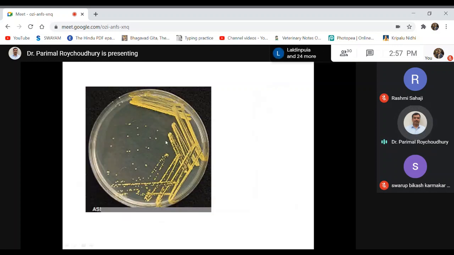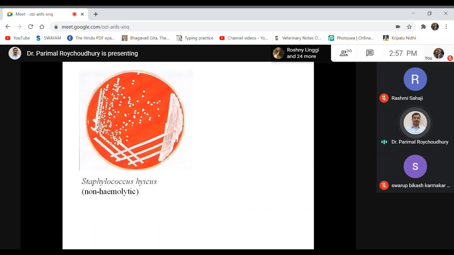Let us come to this particular culture plate. Straight away, you can say they are producing golden yellow pigmented colonies, and these colonies are almost 1 millimeter in size, and they are opaque, light cannot pass through them, with a smooth, round edge. So we correlate with our target organism. If it is matching, then it might be our target.